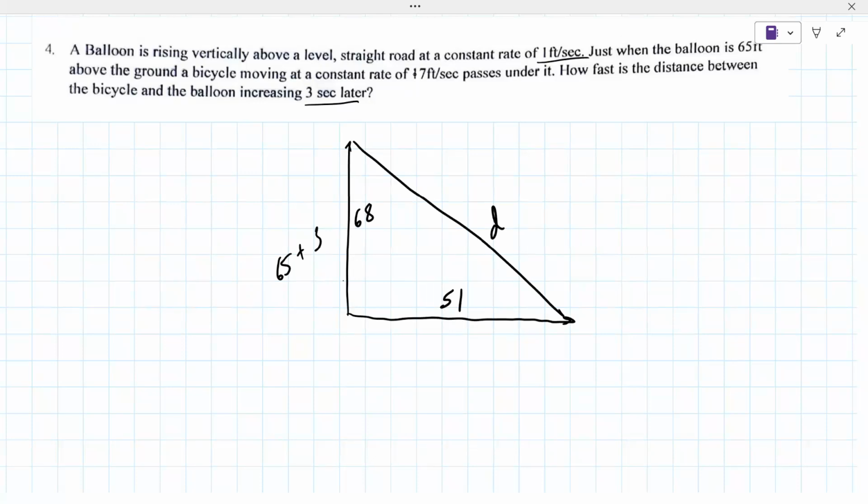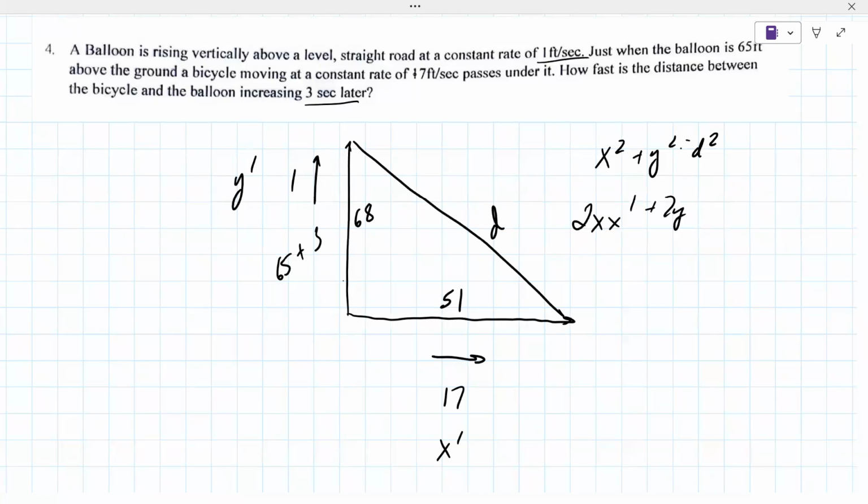So we know that this dimension here is 17, and this is 1. That's x prime or dx/dt, and that's y prime. Now your overarching equation here is that x squared plus y squared equals d squared. This time we do have to take a derivative with respect to all of them. So it's 2x x prime plus 2y y prime equals 2d d prime.